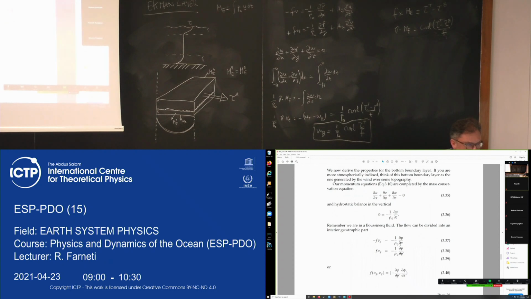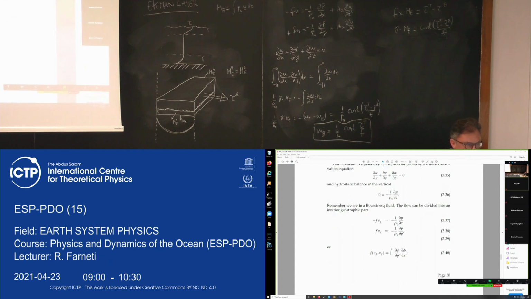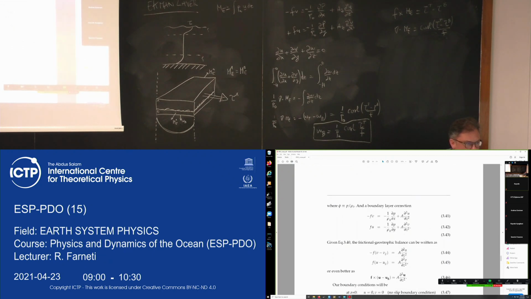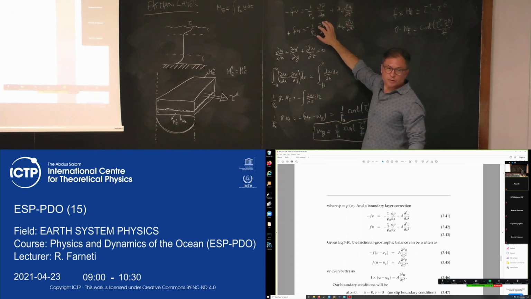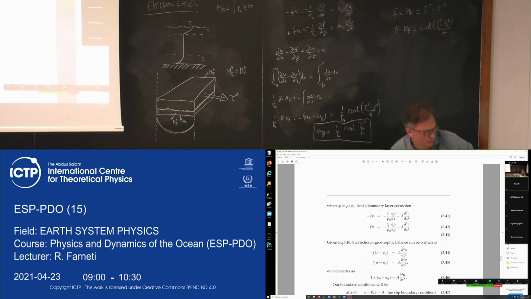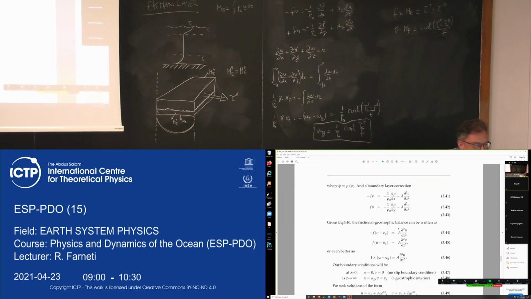The interior of the ocean is in geostrophic balance. Okay. And you can write the geostrophic balance in a single equation like this. And then there's the boundary layer correction, where you don't have pressure gradient. There's no pressure gradient, there's no pressure contribution in the upper layer, so there's no pressure boundary layer. You only have a balance between Coriolis and the frictional effects. Okay, so this. But this goes away.